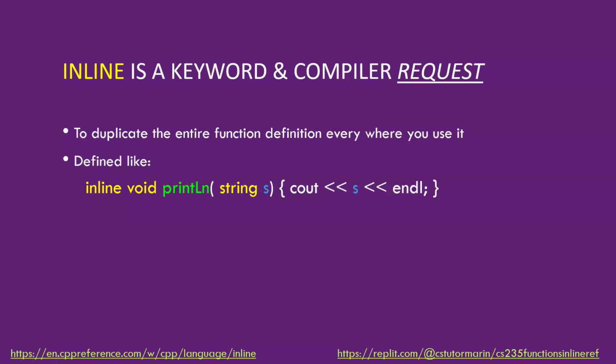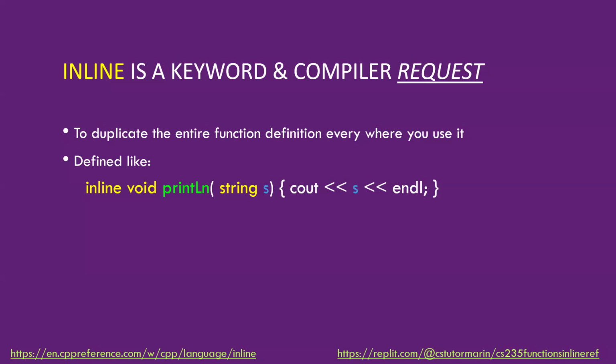So in other words, if I define my function as an inline function, and then later on I say printline Jeff, it's going to replace printline Jeff with cout less than Jeff. So it's a really quick way to create what used to be called a macro. And so the compiler nowadays will look at that inline and go, is that a big function or a small function? Looks small enough, I think it's probably better to just copy and paste that thing directly into everywhere it's called. And that will run faster, right?